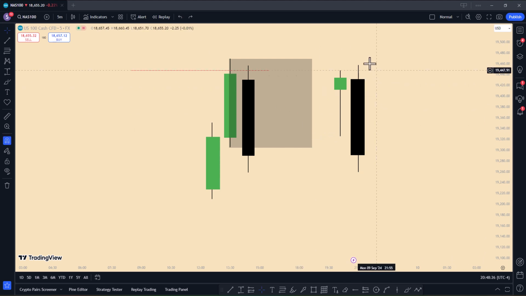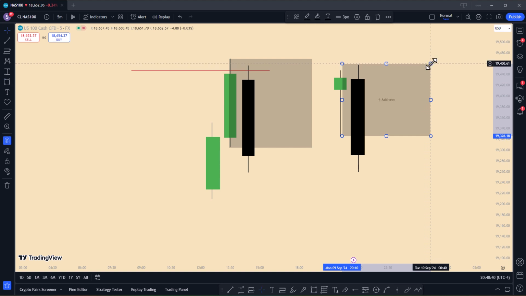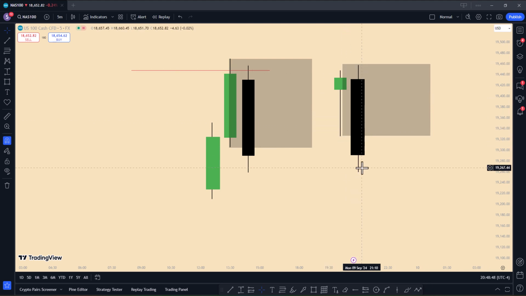Another variation can be like this. Notice the wick here, the wick here, and the wick with this candle also. So this wick is higher than this. Now here I will take this low to this high right here. This candle opened here, put in this low, and then started trading higher, put in this high, and then traded to the downside.